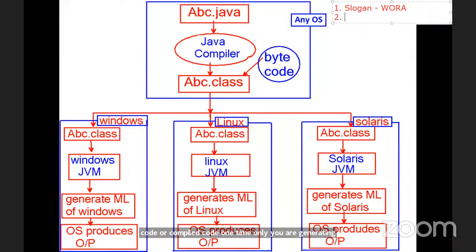Second question. What is the role of the compiler in Java? Come on. What is the role of the compiler in Java? Converting source code to bytecode. Don't feel shy or hesitant or afraid to give answers. Okay. No one is correct, no one is wrong.